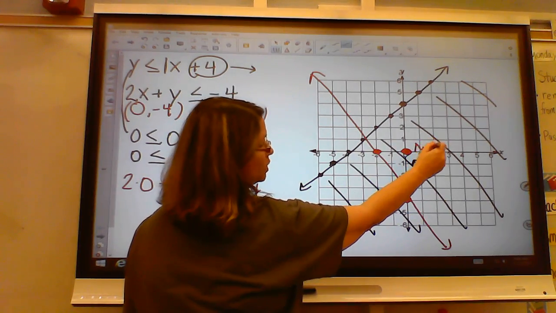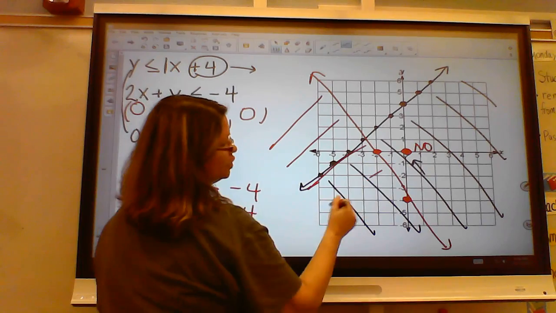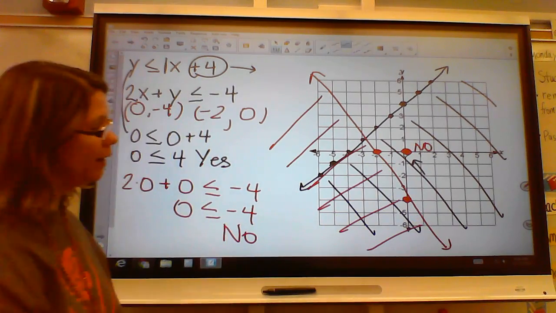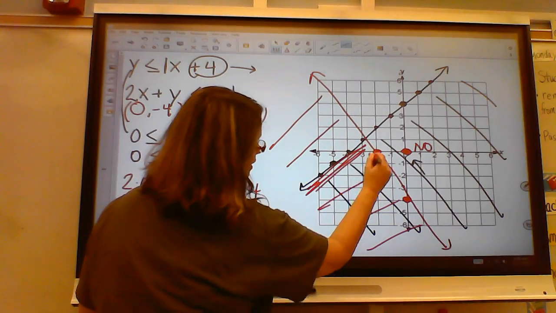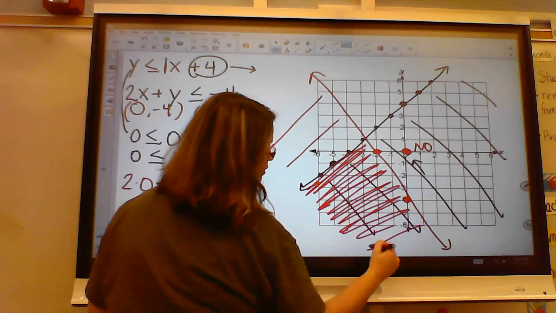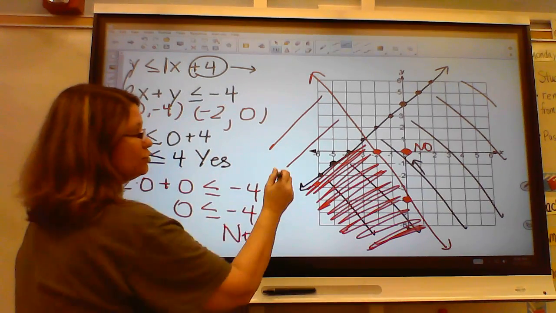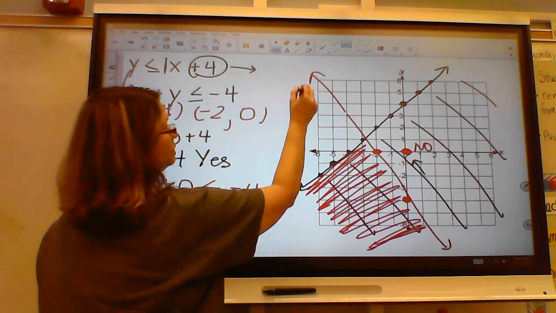This was a no, so I'm going to jump the red line, and I'm going to shade everything over here. So here's the big question. Where did they overlap? They overlapped right here in this section. So if that's the overlapping section, I'm going to use the eraser side, and I'm going to erase everything that's not in that overlapping section.